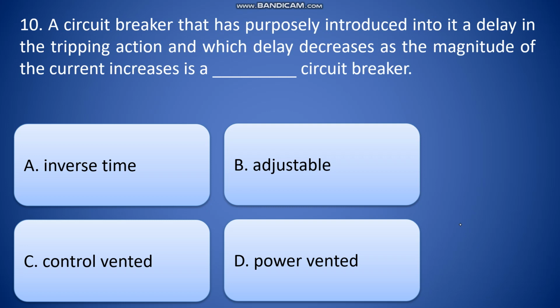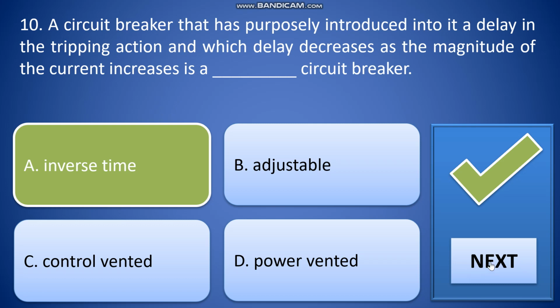A circuit breaker that has purposely introduced into it a delay in the tripping action, in which delay decreases as the magnitude of the current increases, is an inverse time circuit breaker.